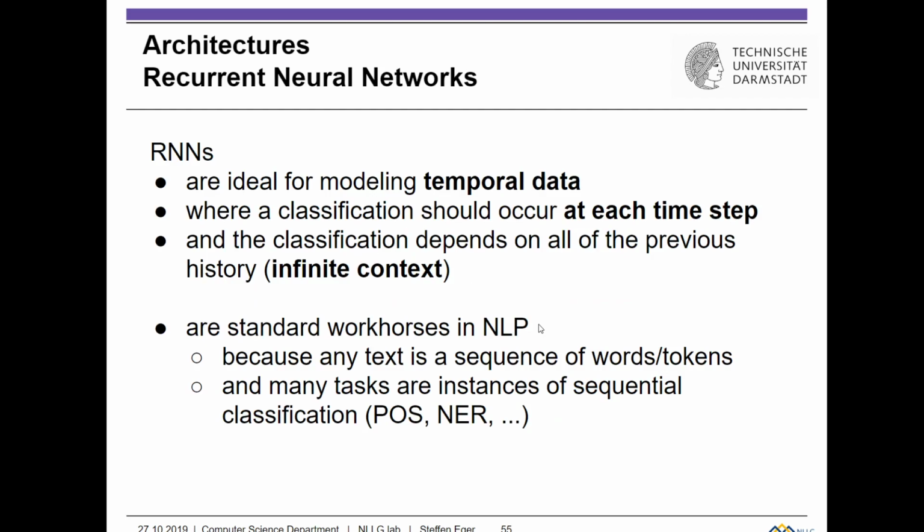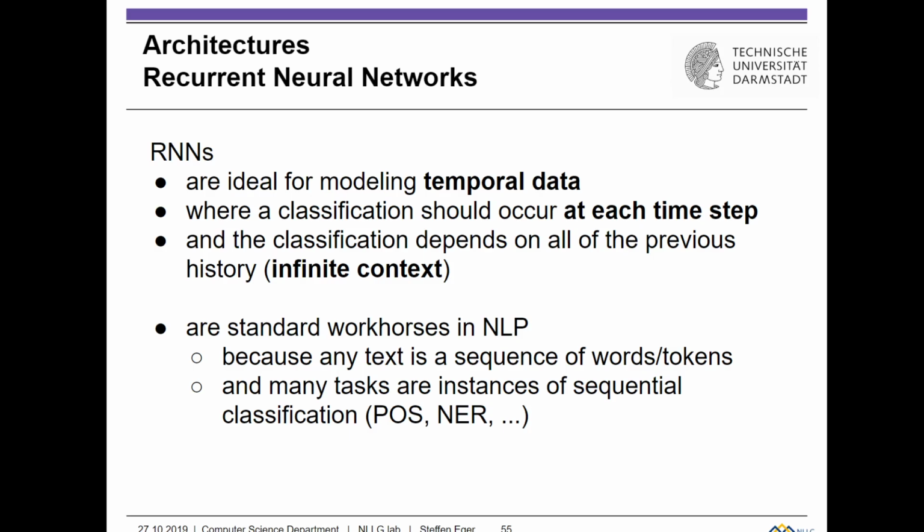More on the natural language processing side, what we have been using, at least until 2018, were so-called recurrent neural networks, because in natural language processing we often have sequential data, temporal data, so to speak, because words appear in a sequence.